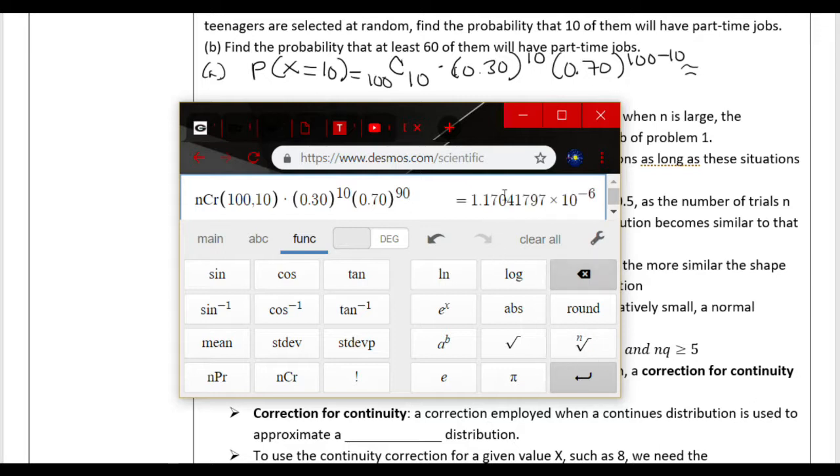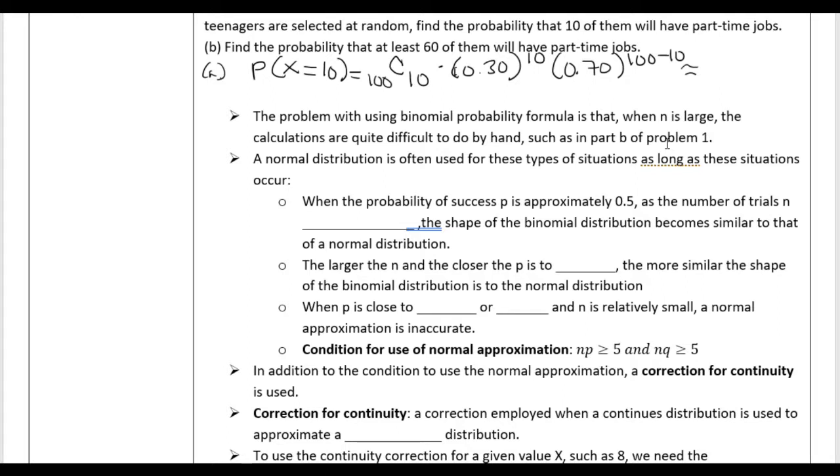So we got this probability, which is very small, 1.17 times 10 to the negative 6. So a very small chance that only 10 of them will have part-time jobs out of 100. That's 0.0000017. So very small.